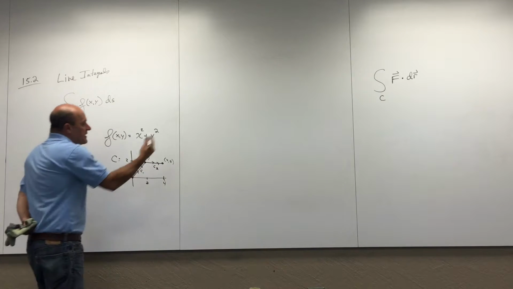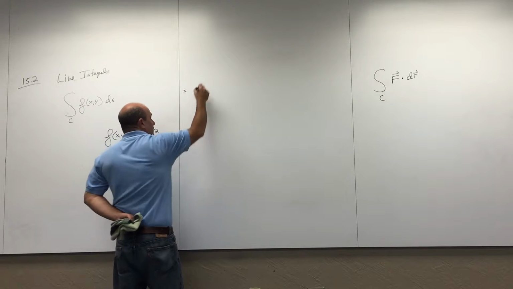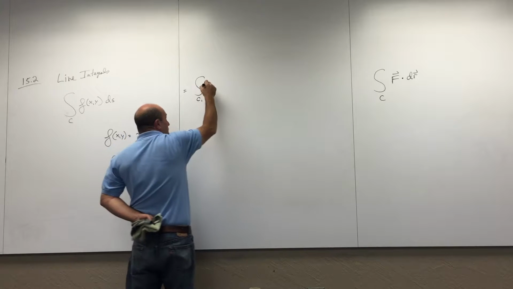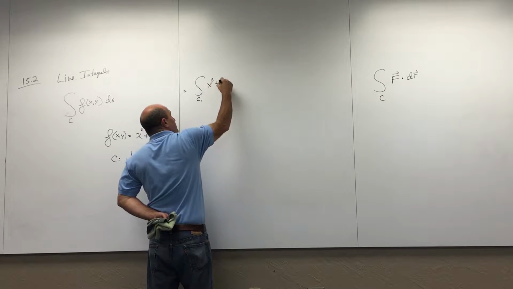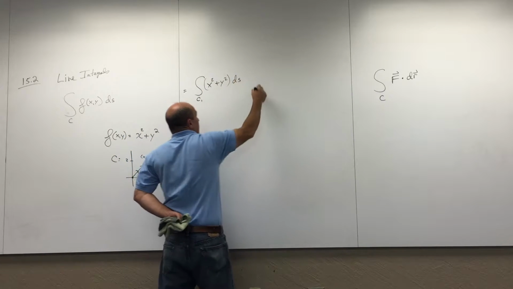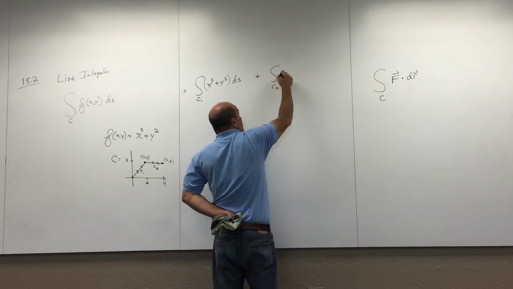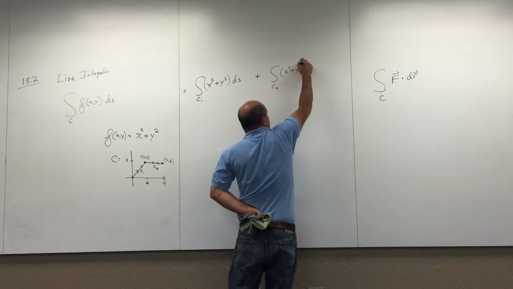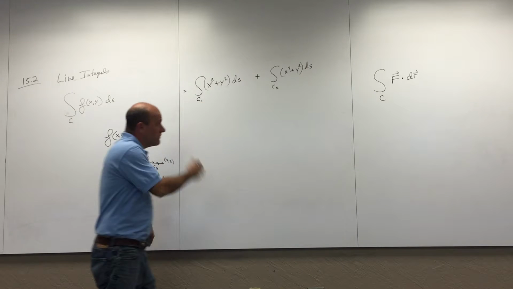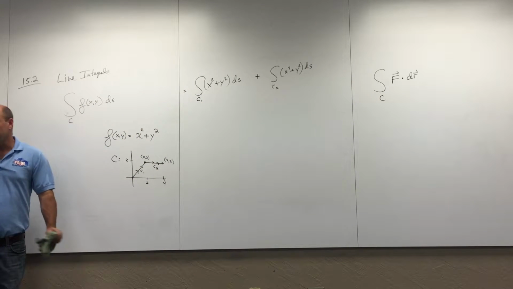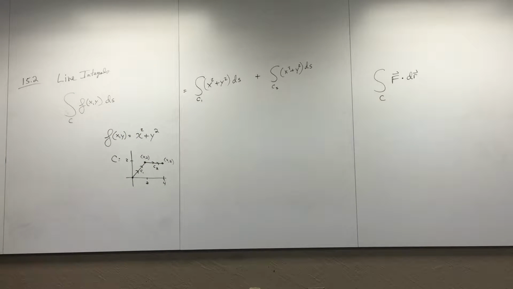And that means I got to do two separate integrals. I got to do the line integral for C1 of this function, ds, and then the line integral for C2 of this function, ds. So that's the first thought. I got to do two integrals.